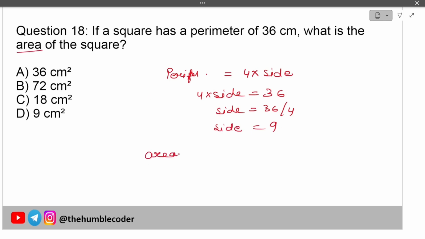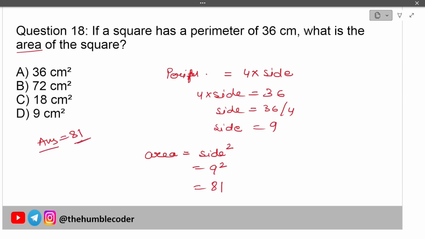So you should also know the formula for area, which is side square, which is 9 square. 9 nines are 81, right? So the correct answer should be 81. I think we don't have that option here, but maybe sometimes the options are messed up. But the correct answer in this case is 81.